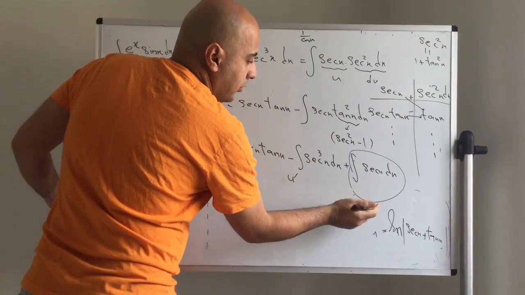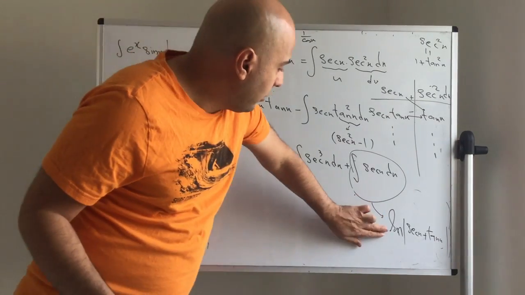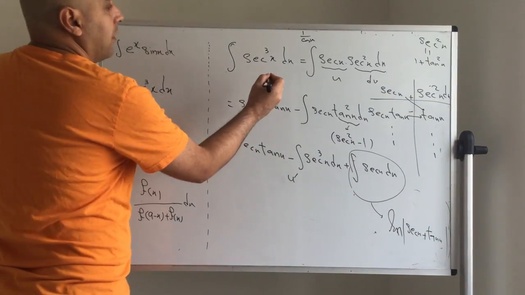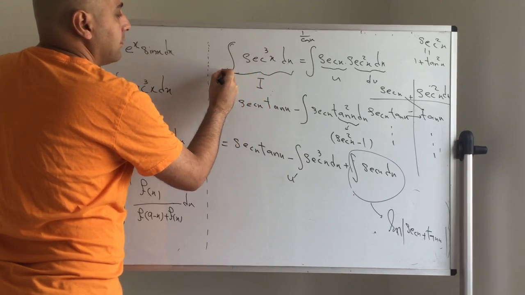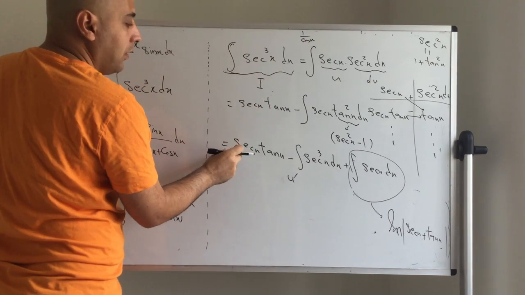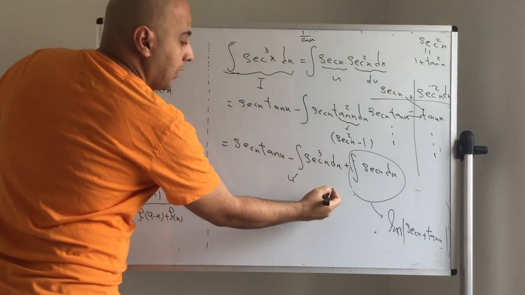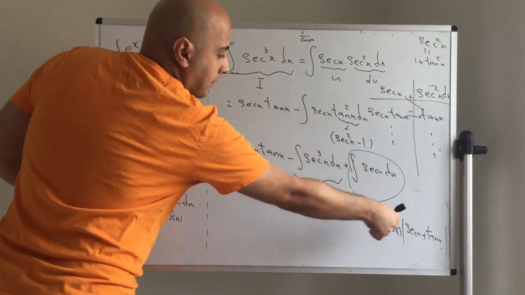Now we know the answer of this, but you see what happened here. If I name it I, then I equals secant x times tangent x minus again I plus something.